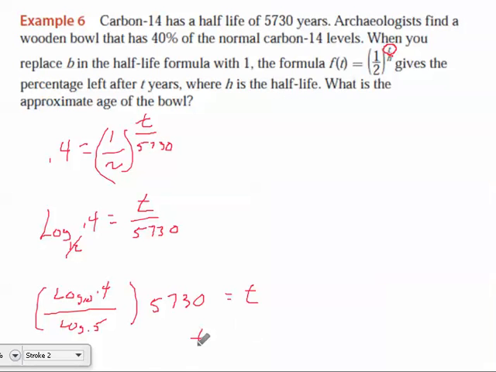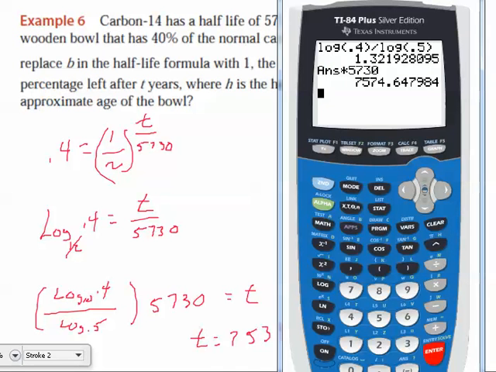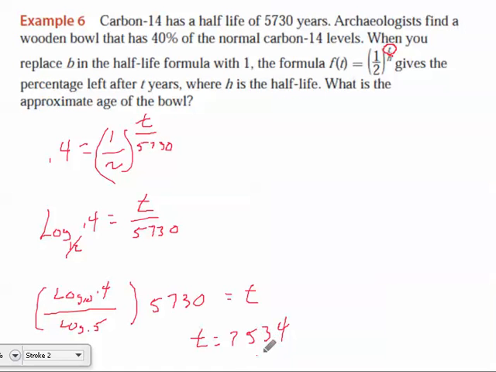So t equals 7,575. So that's the number.